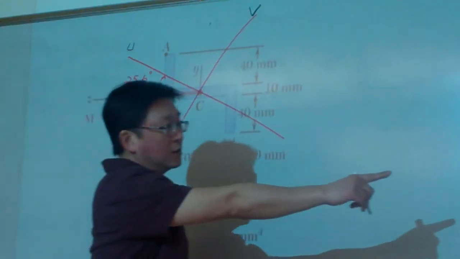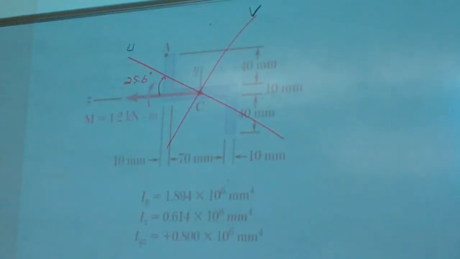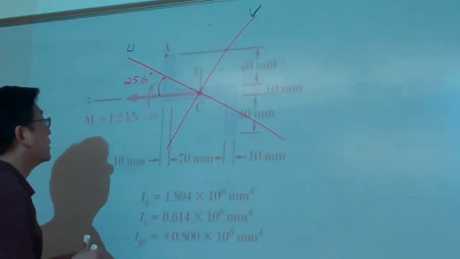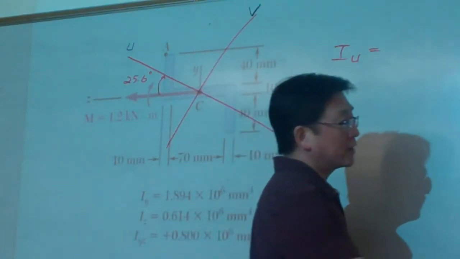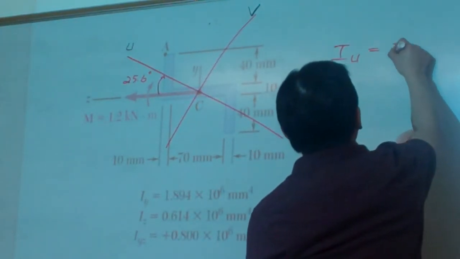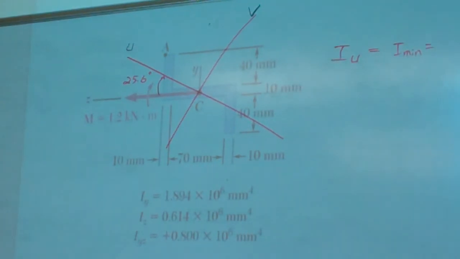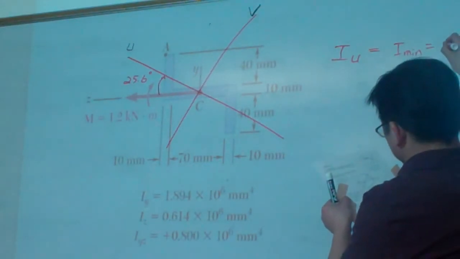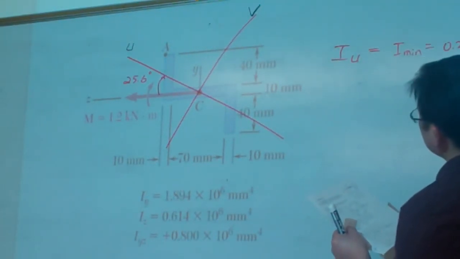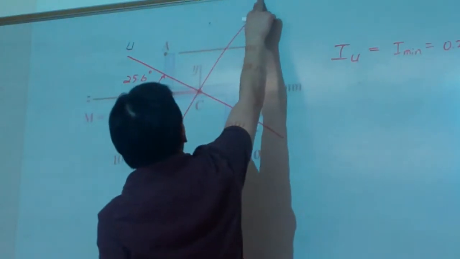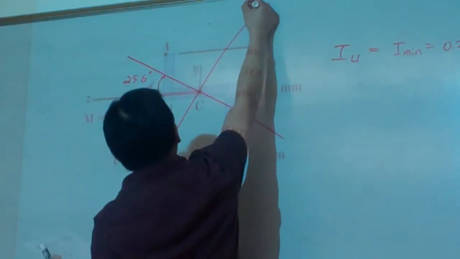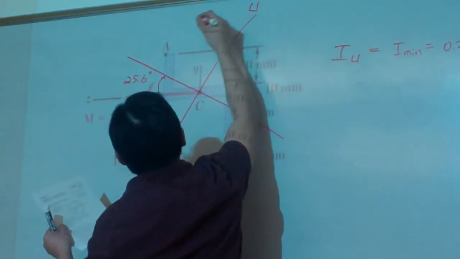And Z, you can see on the Mohr circle, corresponds to I minimum. So that means the I with respect to the U axis should correspond to the I minimum. And I minimum is 0.2295 times 10 to the 6 millimeter to the 4th. Allow me to change the symbol one more time, because this is consistent with the lecture notes which I posted onto Blackboard.